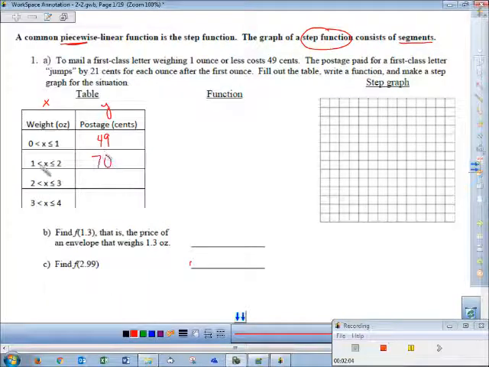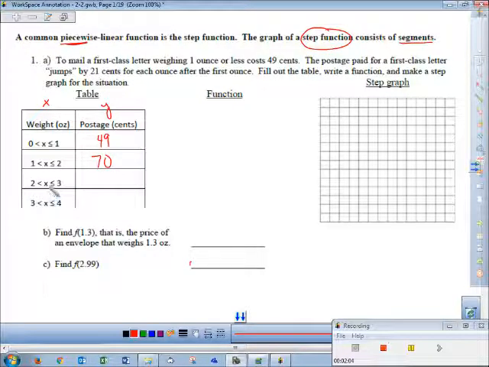So even if this thing weighed 1.1 ounces, we had to pay that additional 21 cents because it weighed more than 1 ounce. So then again, if we have our letter and it's weighing 1.3 ounces, 1.7 ounces, all the way up to 2 ounces, it's only going to cost us 70 cents to mail that.